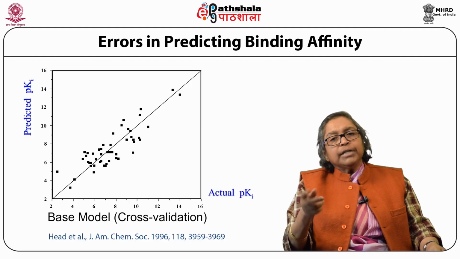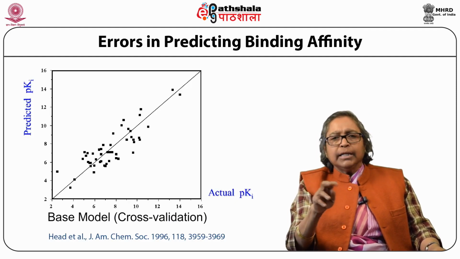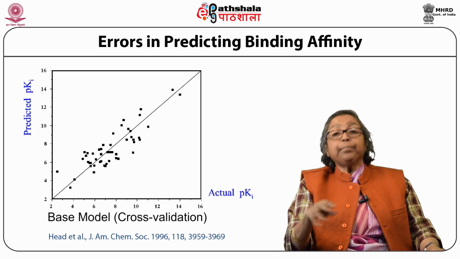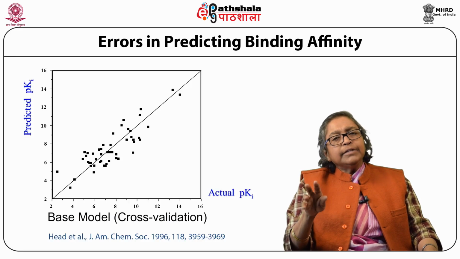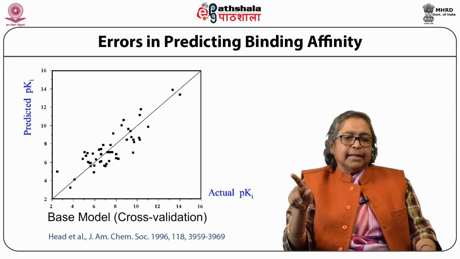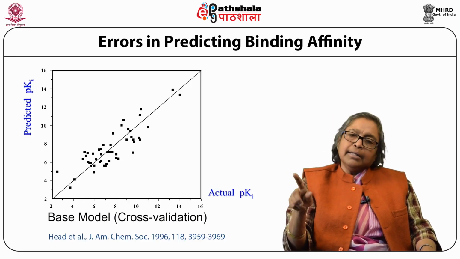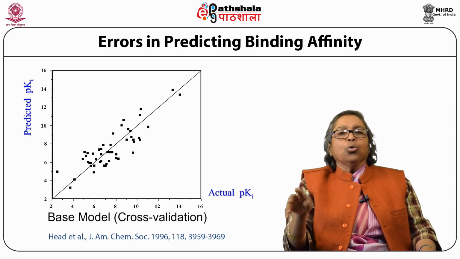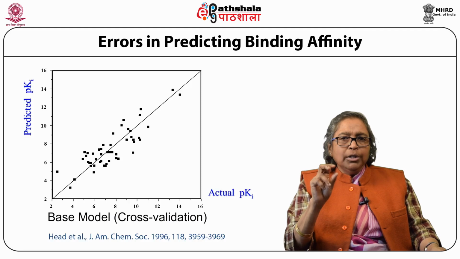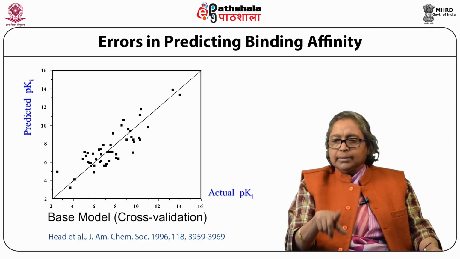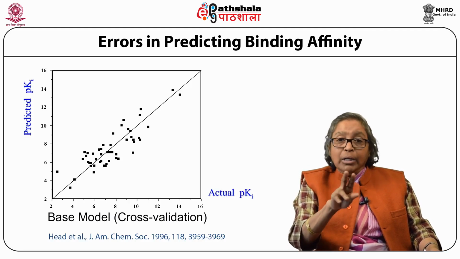And the compounds which are in the middle, mostly in micromolar or maybe early nanomolar, are predicted very well. Even the compounds which are poor, that is, not binding very well, are predicted even worse. So this is one of the problems. This is one plot which only shows one type of molecule, HIV compounds only.